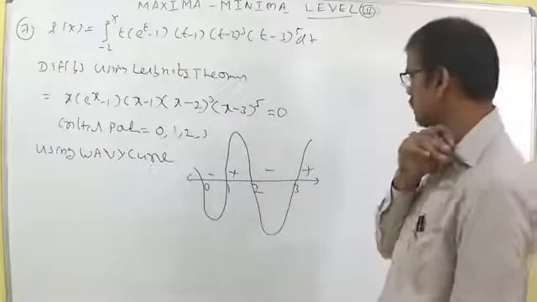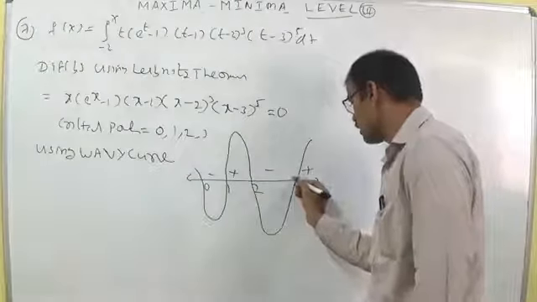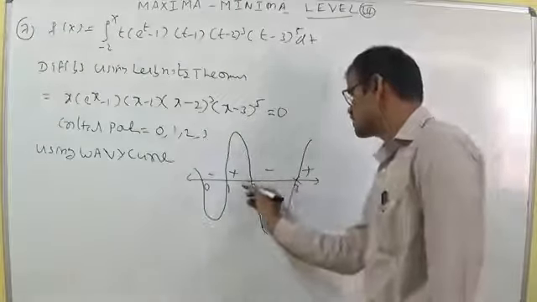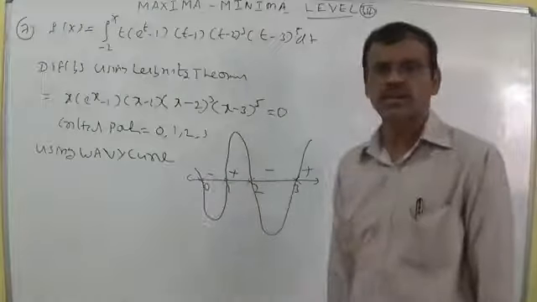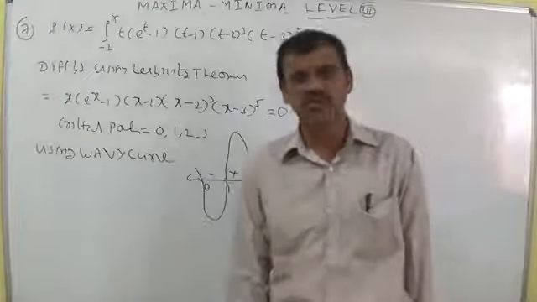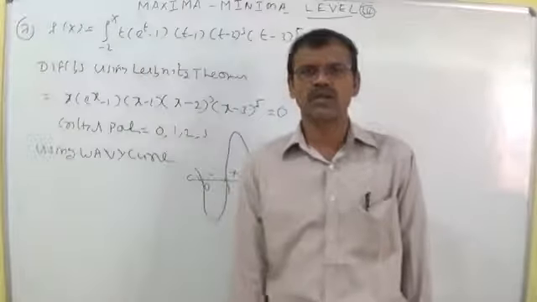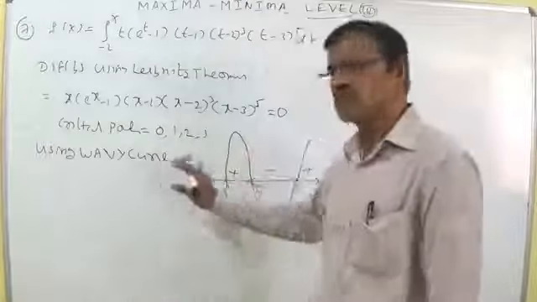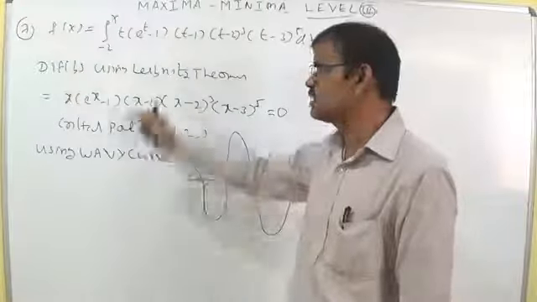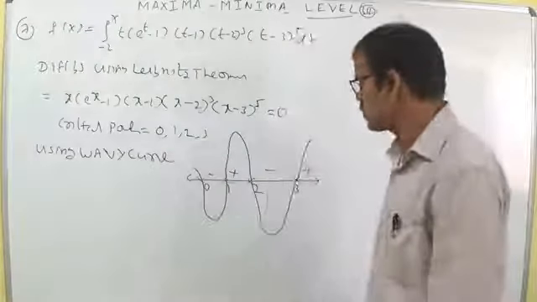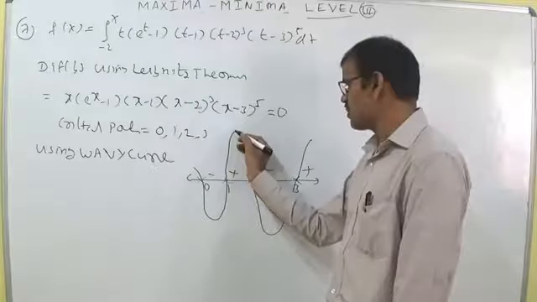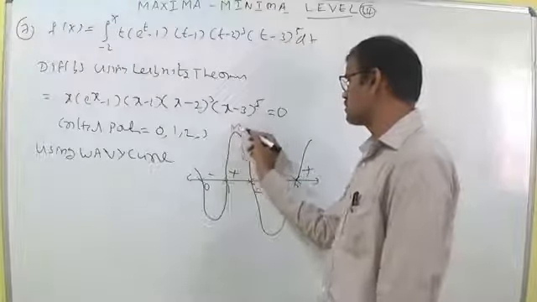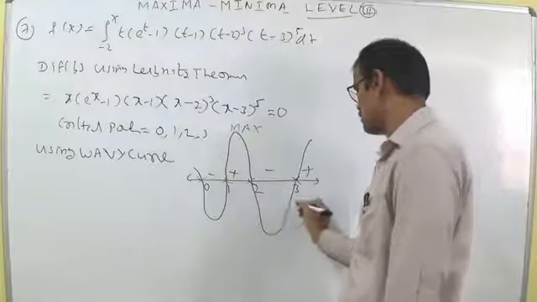Wherever the graph is changing or turning, already we said, the point of inflection. Of course, we have discussed f double dash x. In the same way, using wavy curve and Leibniz theorem, we can say that wherever the graph turns, this is max, this is min, like that.